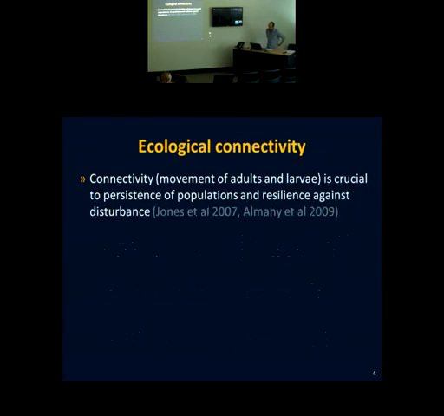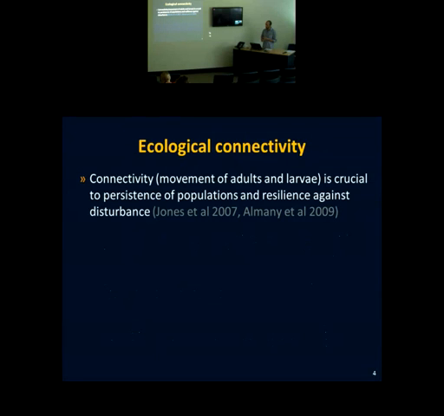In terms of ecological connectivity, if you think about connectivity as defined by the movement of the propagules or the larvae in particular, and the adults between areas across the ocean seascapes, we know that these aspects have been identified as very critical when we identify marine reserves.